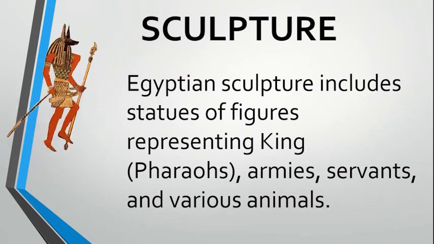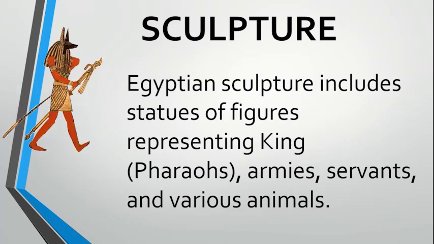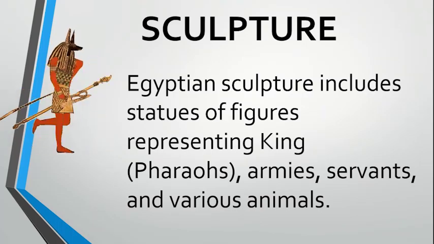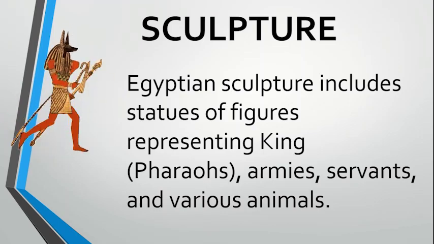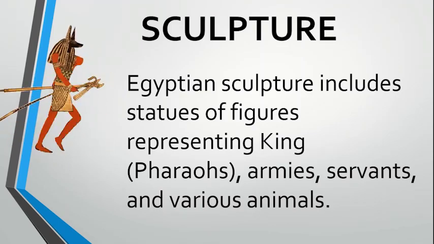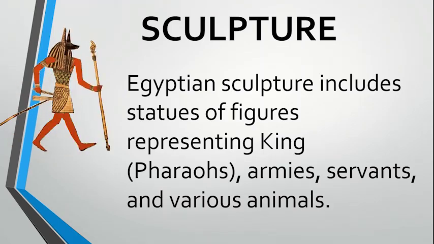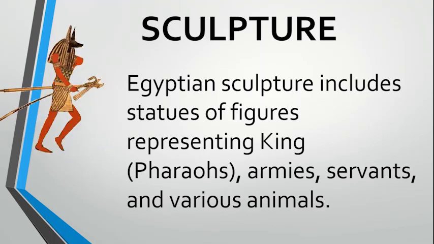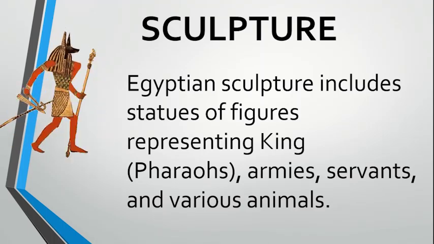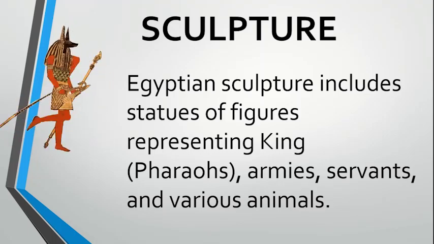Egyptian sculpture includes statues of figures representing kings, pharaohs, armies, servants, and various animals. The Egyptian sculptures are idealized immobile representations of features and always in frontal pose. Strong geometric emphasis was given to the body.